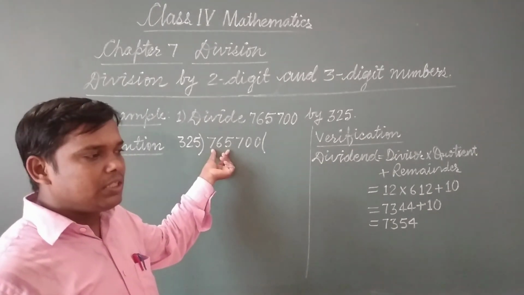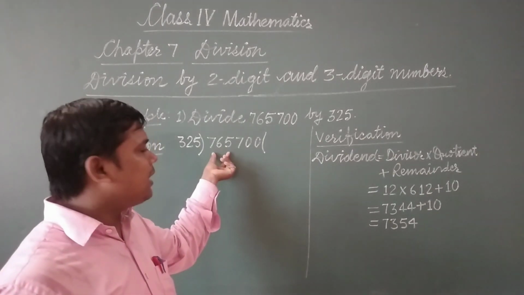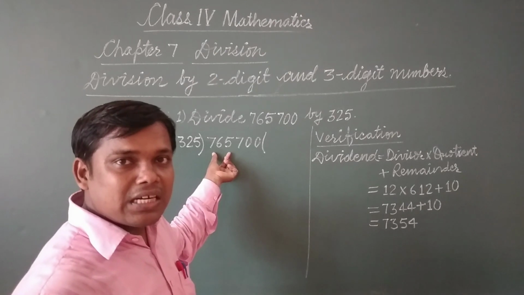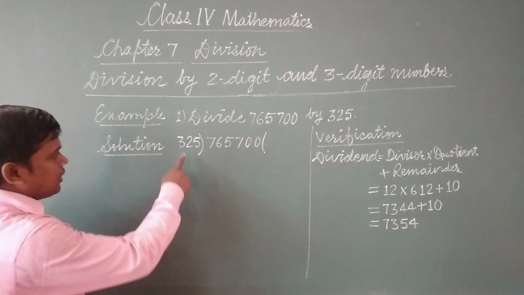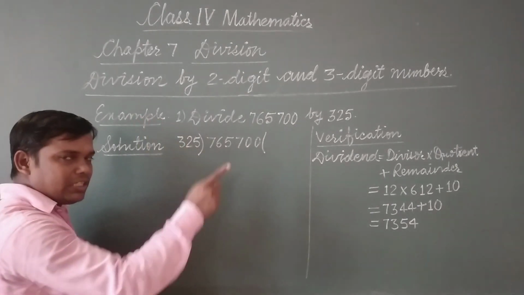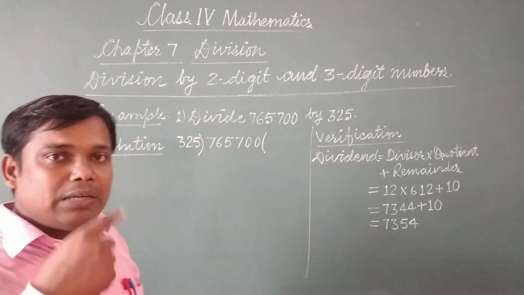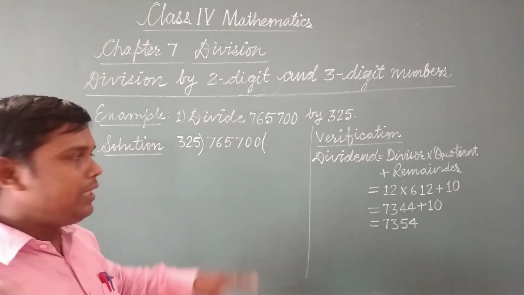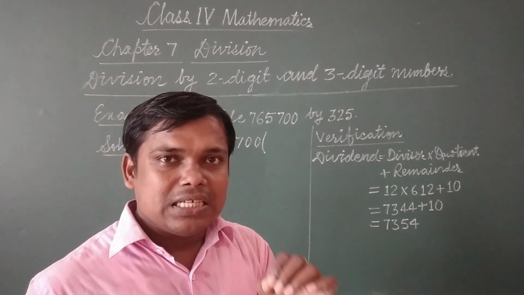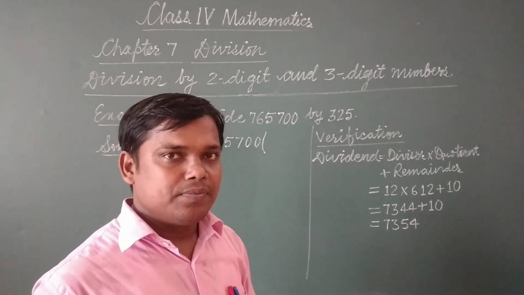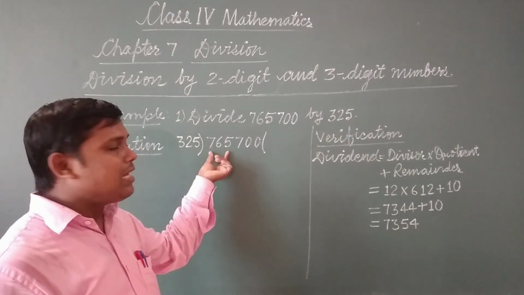Then we write the multiplication table for 325 to reach near 765. 325 ones are 325, and 325 twos, when you multiply 325 by 2, you will get 650. So 650 is near this.